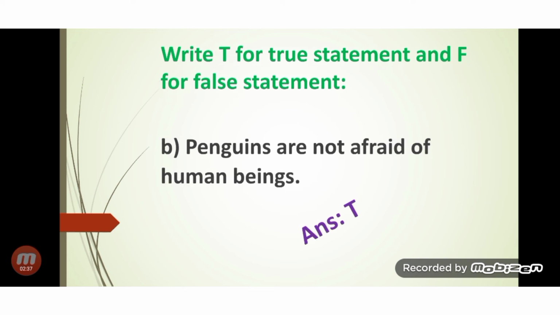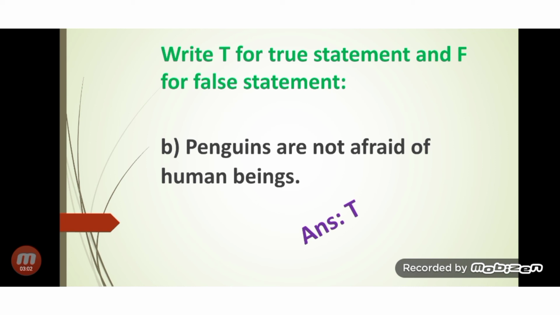B. Penguins are not afraid of human beings. So we can find this statement at the end of the passage. In the last sentence, this statement is mentioned. So here what is written? Penguins are not afraid of human beings. So according to the text, this is a true statement.